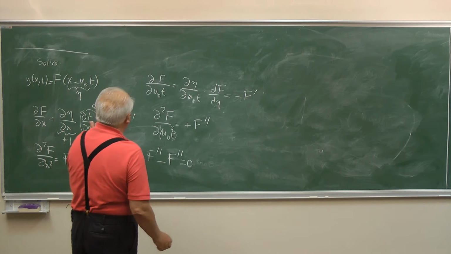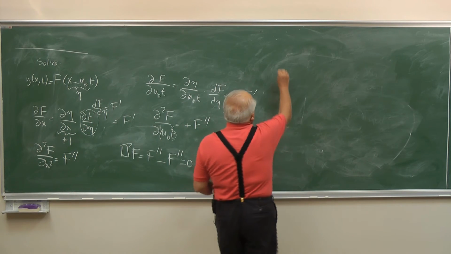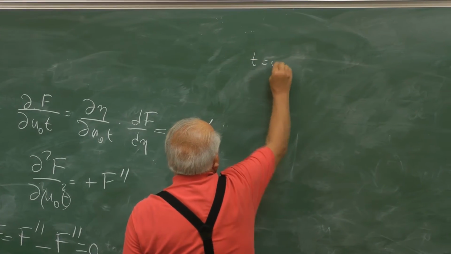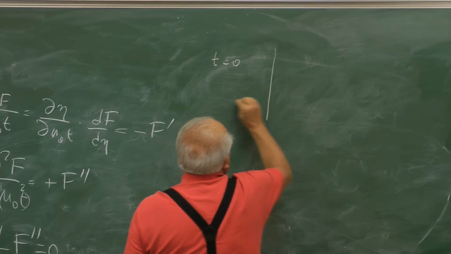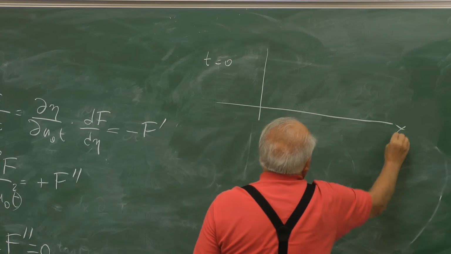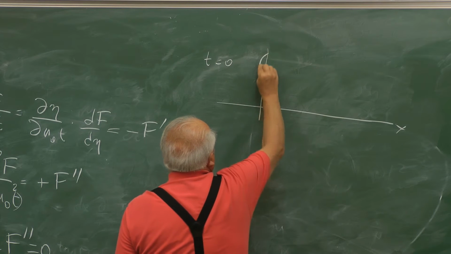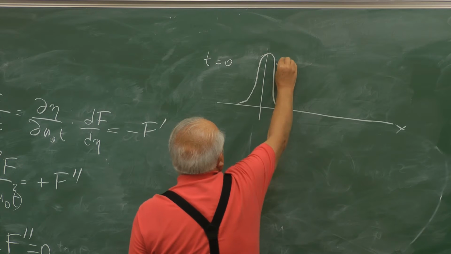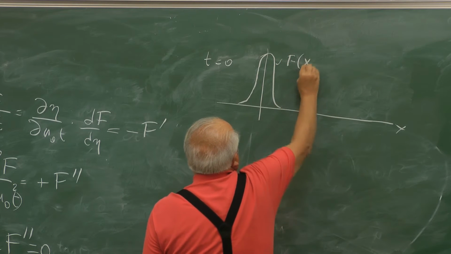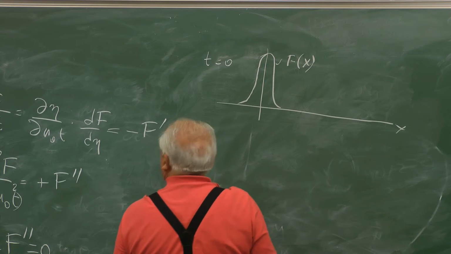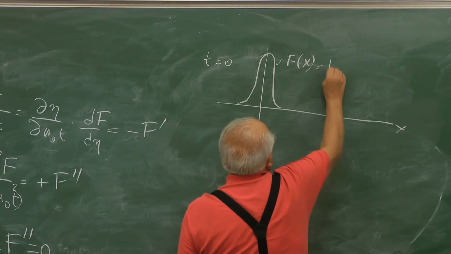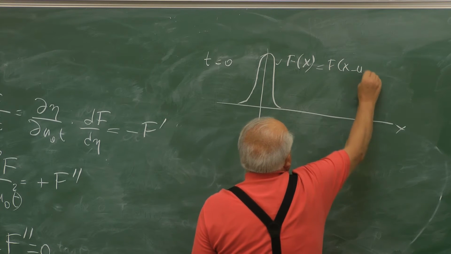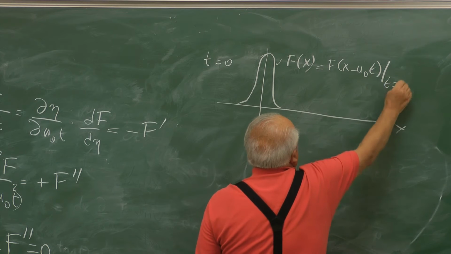Let's see what this function is doing. Let's take, for example, at time t equals 0, suppose f is something like this. This is f(x), namely, this is f(x minus u0t) at t equals 0.